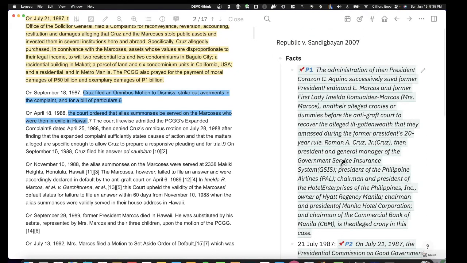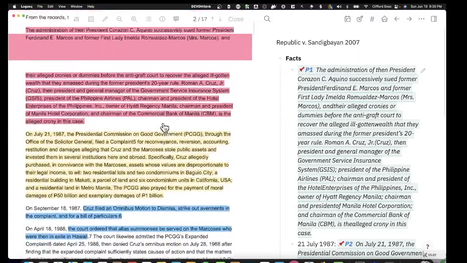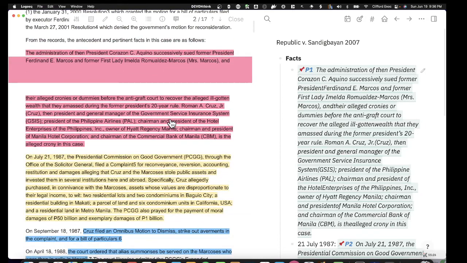Cruz, then President and General Manager of GSIS, President of PAL, Chairman and President. Then go back to facts na. Nakalagay dito is that itong si Cruz, no? Roman A. Cruz Jr., President and General Manager of GSIS.